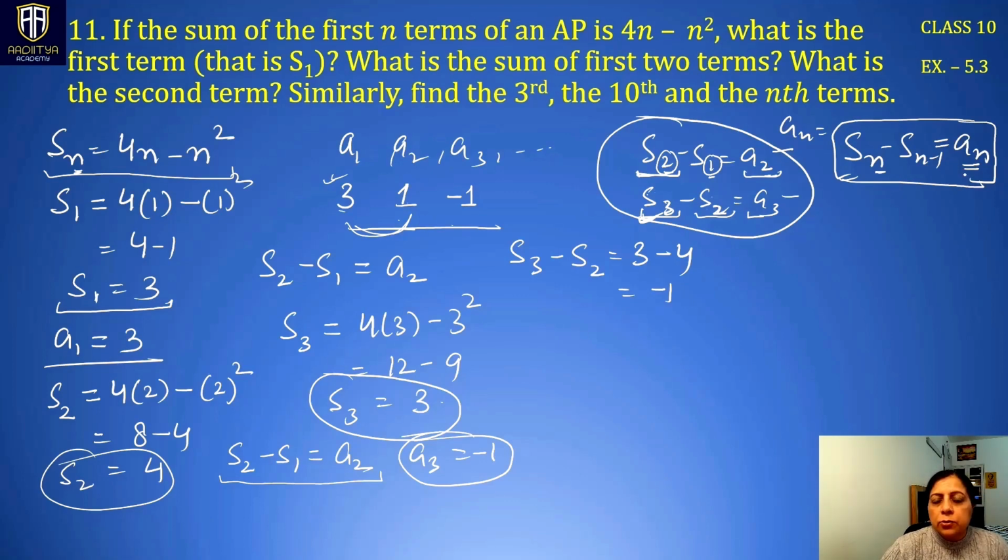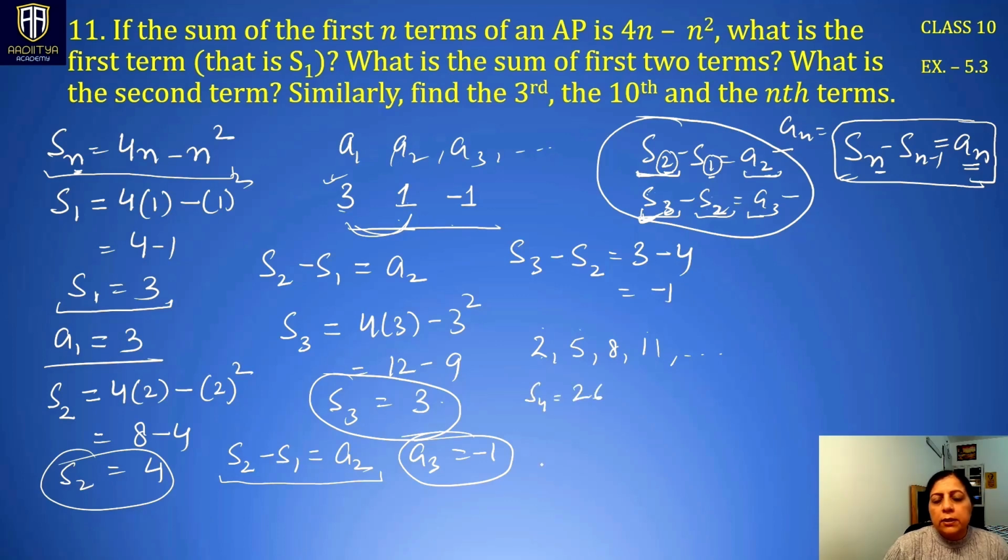I can explain this to you in one more manner. See, if I have a sequence like 2, 5, 8, 11 and so on. Now if I take the sum of these 4 terms, what is that? 2 plus 5 is 7, 7 plus 8 is 15, 15 plus 11 is 26, right?